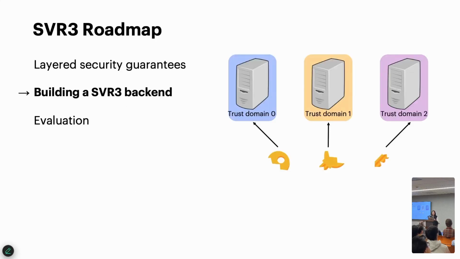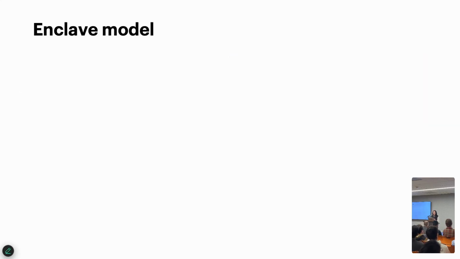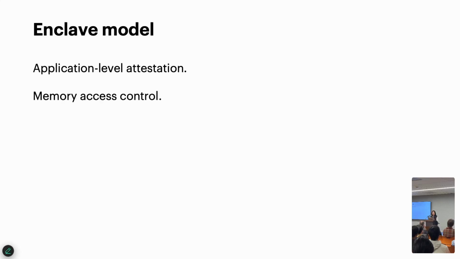Now I'll talk about how we build an SVR3 backend. The enclave model that I have for you is that we assume we're running enclaves that provide a couple of guarantees. One is application-level attestation. This means that if I am a client, I can verify with the enclave that a certain application, fixed at some version, is running on that enclave.